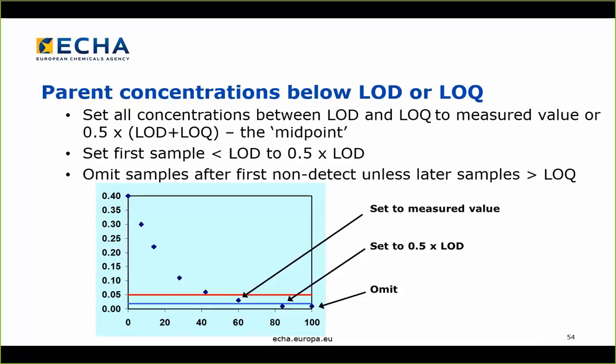So for example, if we had maybe 2 or 3 LODs between this, because it went above the LOQ, we would include all data sets between this time point and this time point, even if they were all less than LOD. That put it in a bit more context. There is an example in the FOCUS kinetic guidance, and I'll get the page open, so at coffee break you can have a look. But it is one of the more complicated bits to get used to.